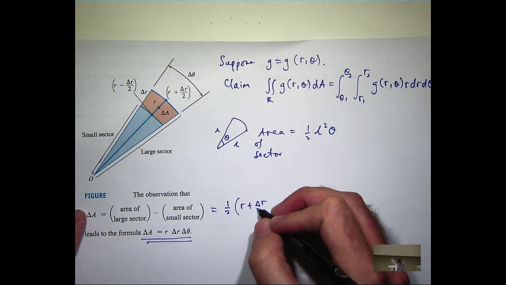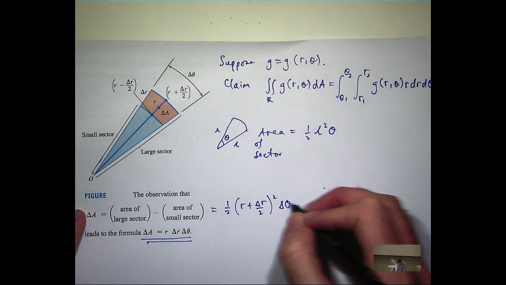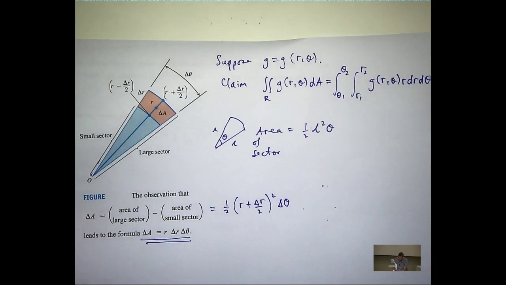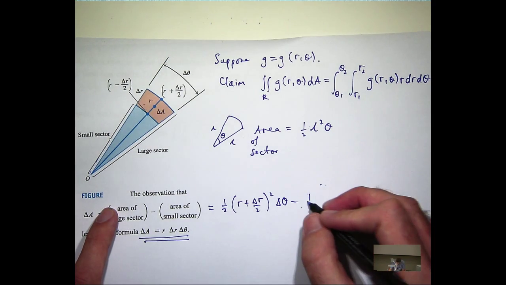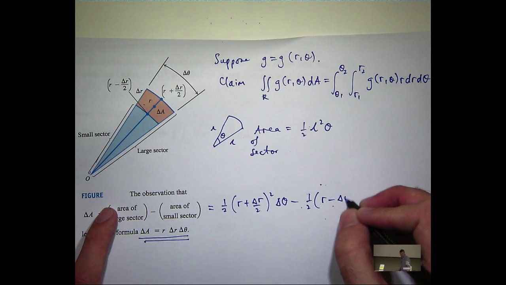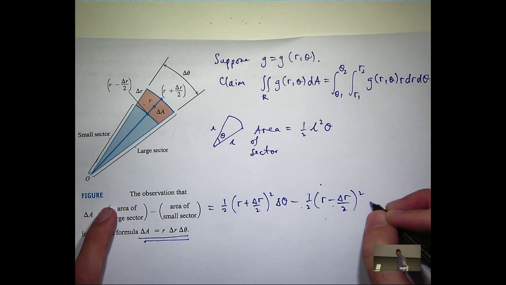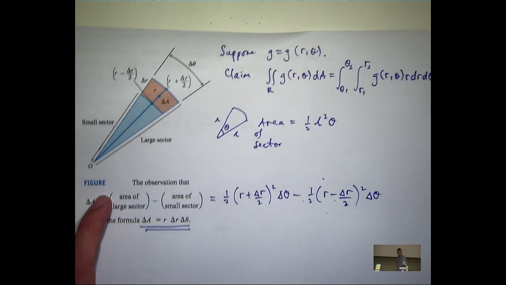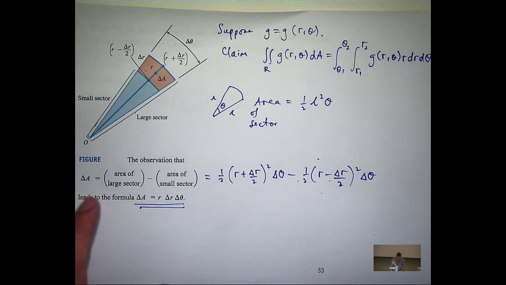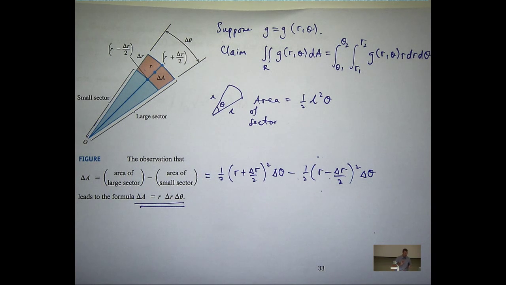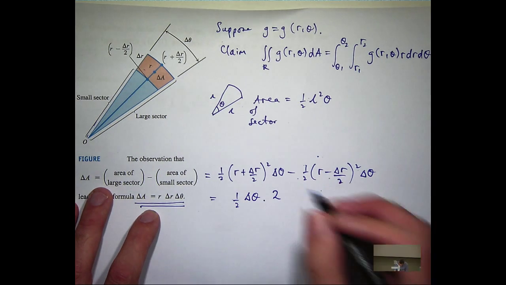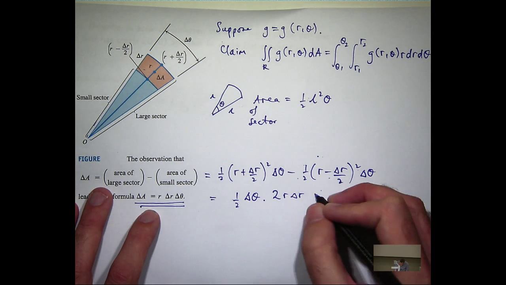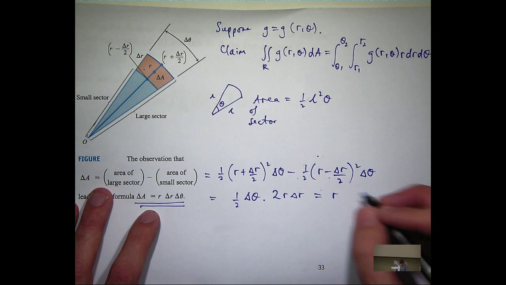From here to here, it's r plus delta r on 2, all squared, times the angle delta theta, minus the area of the small sector. Now if you expand this out and simplify, and of course you can cancel, you get something like this.